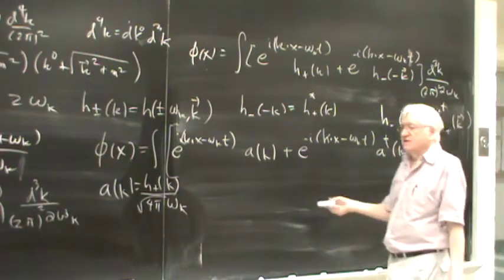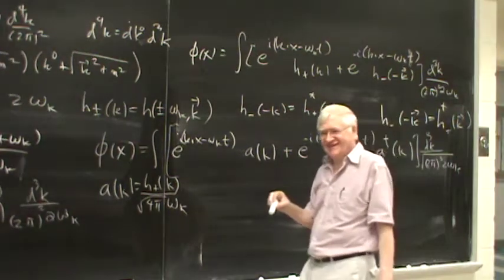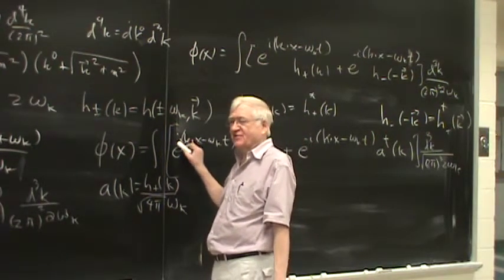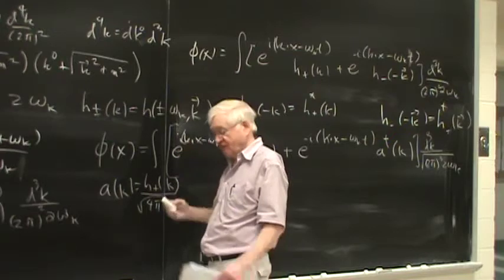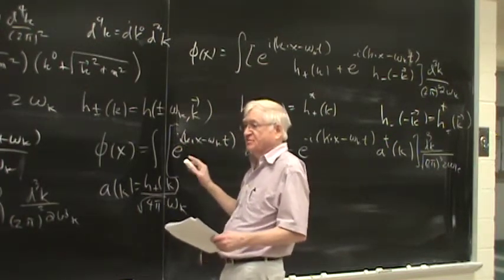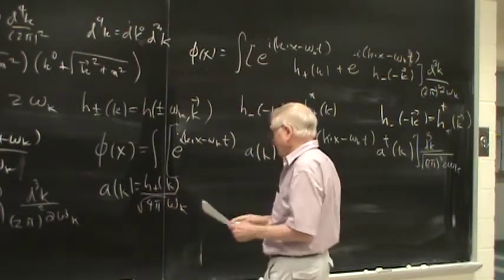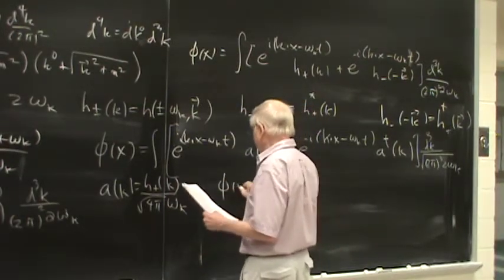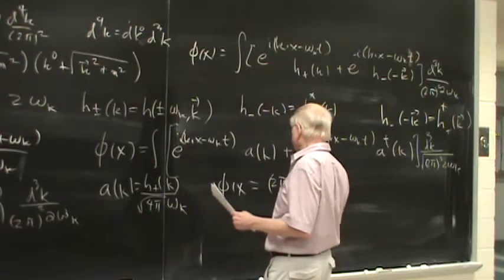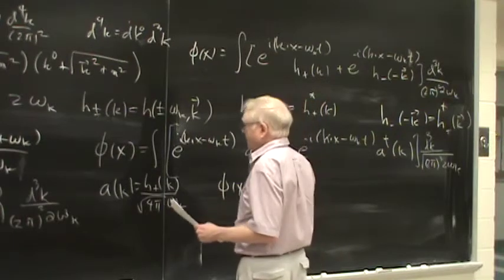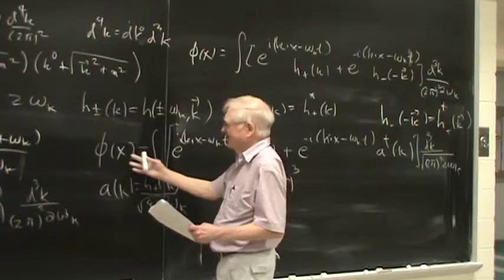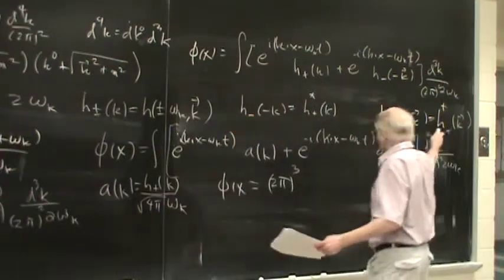But let's now use our recipe for going from a Fourier transform to a Fourier series to write the field as a Fourier series as opposed to a Fourier transform. And we do that, what we say is that phi of x then is, since we're only in 3 dimensions, I'm thinking of it as a 3-dimensional Fourier transform.